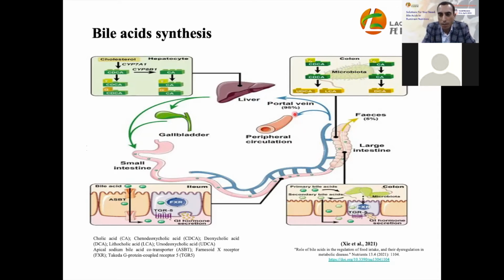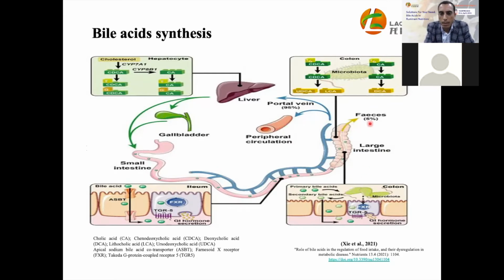Around 95% is returned to the liver via peripheral circulation. The remaining small amount, around 5%, reaches the large intestine, where by the action of microflora it is converted to secondary bile acid.